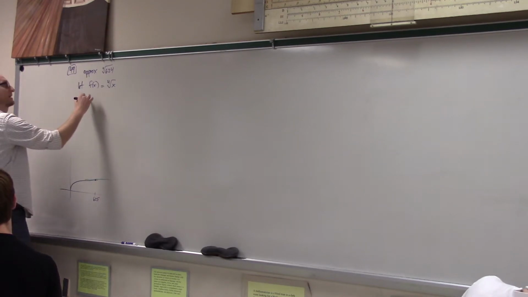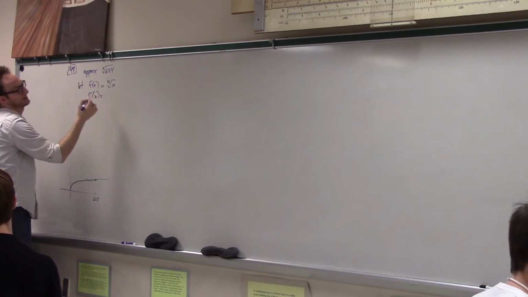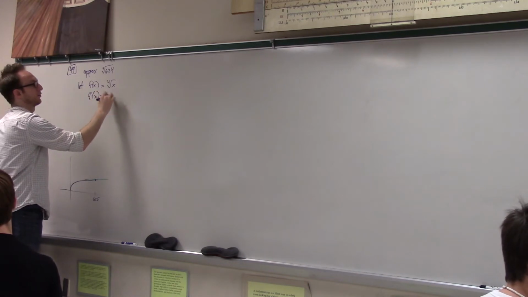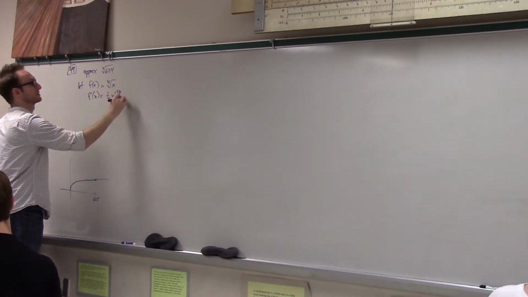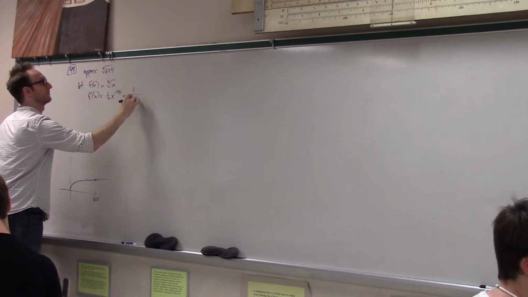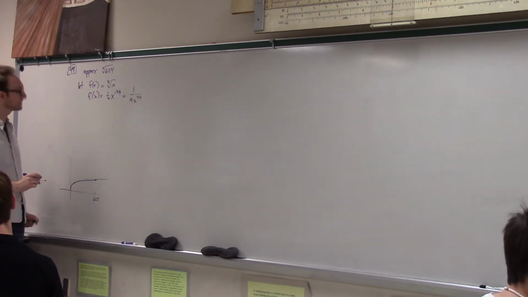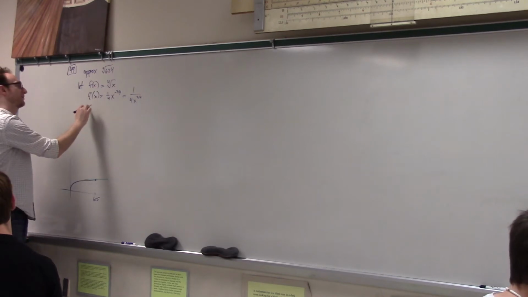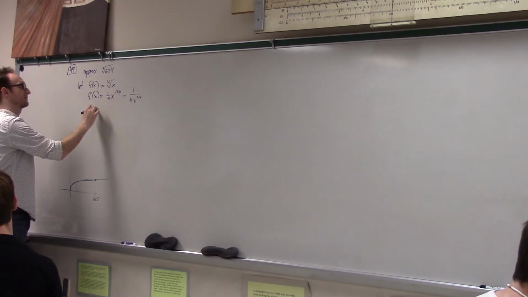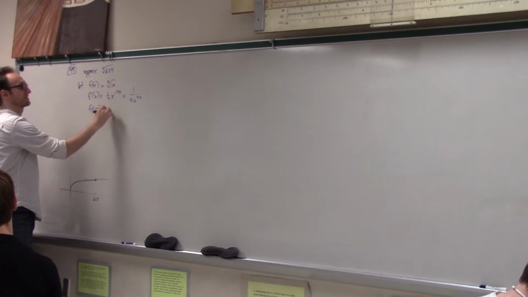Well, okay, first let's take the derivative. What is the derivative? Well, it's 1/4 x to the negative 3/4. So that's 1 over 4 x to the 3/4. Okay, and when I plug 625 into this, f of 625 is the fourth root of 625, that's just 5.